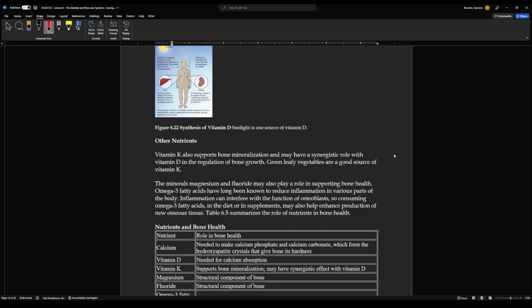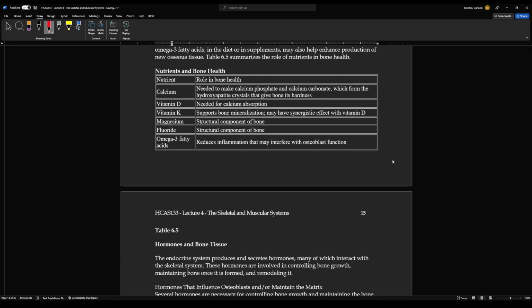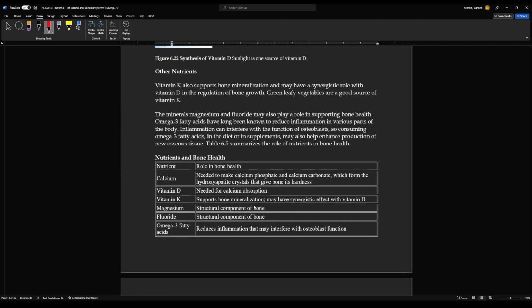And another important thing, it's not as big of a deal, but vitamin K helps with osteoblast function. But looking at this list here of calcium, vitamin D, vitamin K, magnesium, fluoride, and omega-3 fatty acids, I would also add one more thing, which is phosphorus, because again, we don't typically have issues with phosphorus in our body.